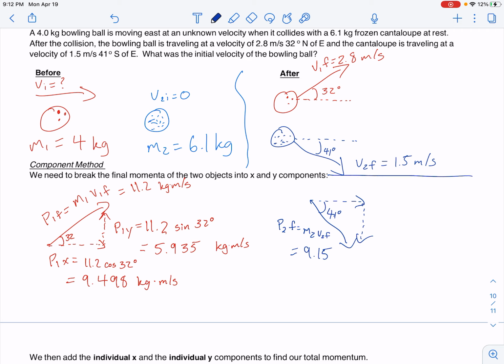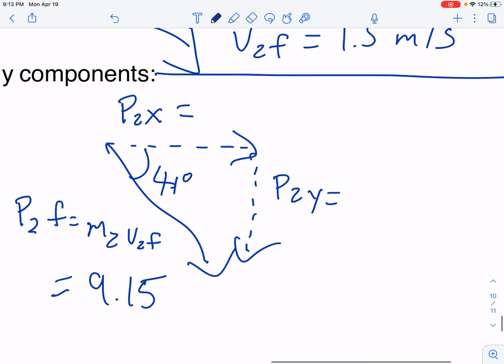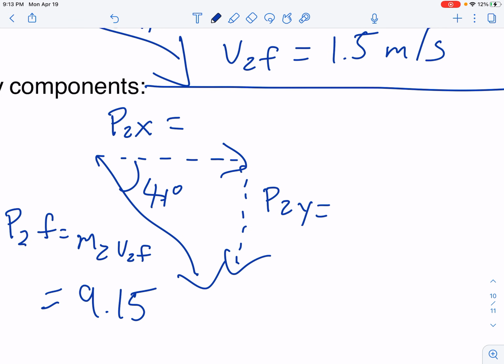But what I'm looking for is my momentum in the x direction and my momentum in the y direction. Just like what I did, if I want to know the x direction, this is my adjacent side, so I get 9.15 cosine 41 equals 6.906 kilograms meters per second.